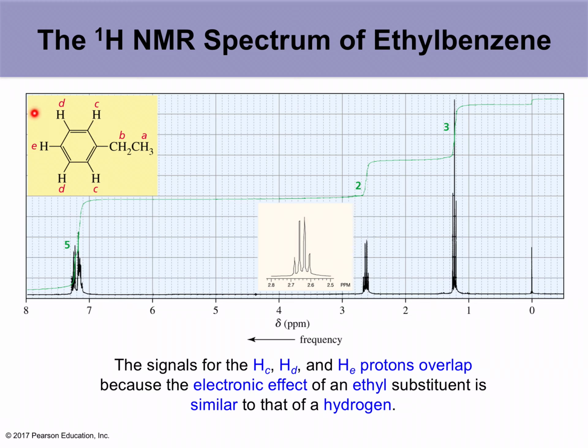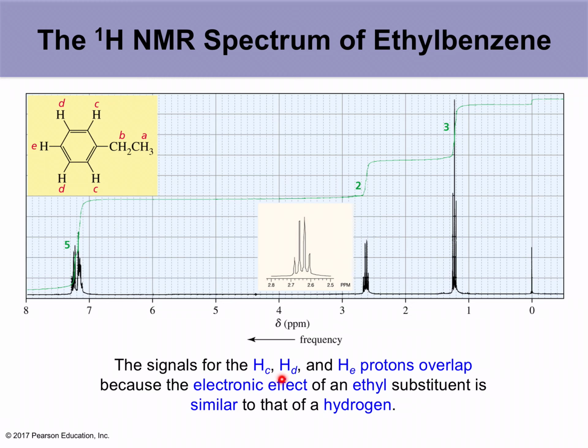And then the hydrogens on the benzene ring, again due to the pi electron cloud and due to the diamagnetic anisotropy, you can see that these hydrogens would be more downfield in this region. But in this 5 hydrogens also we can identify 3 different regions. So there is a symmetry along this axis. So both of these hydrogens would have the same chemical shift, and these 2 hydrogens will also have the same chemical shift, and this hydrogen will have a different chemical shift.